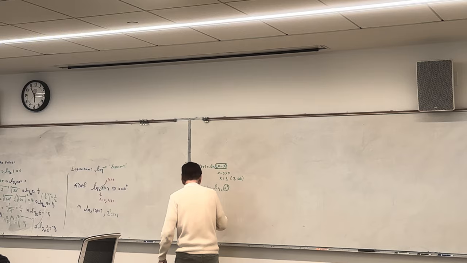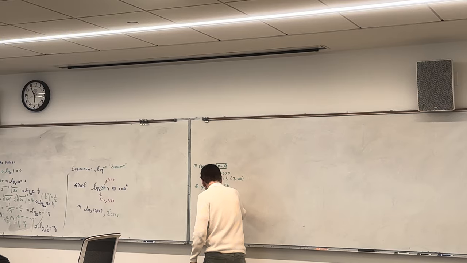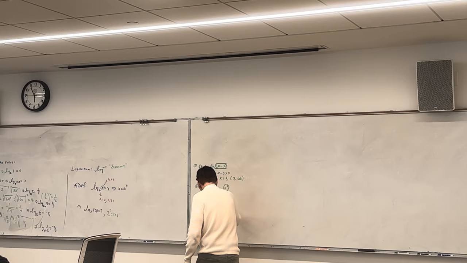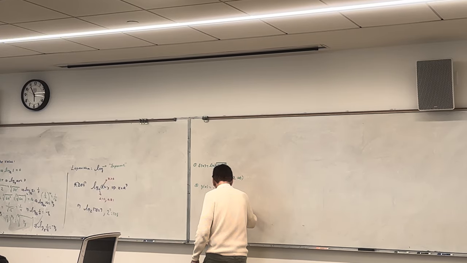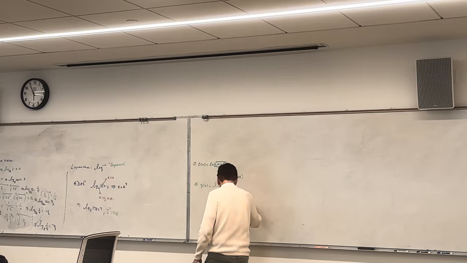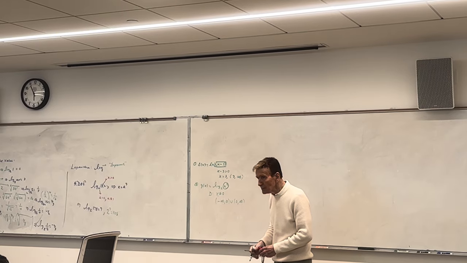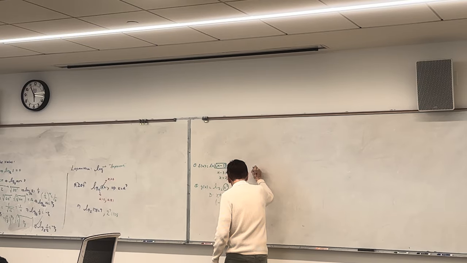So here I cannot let x be 0. This is my domain. In interval notation, negative infinity up to 0, union 0 to infinity. There's your domain. Done.